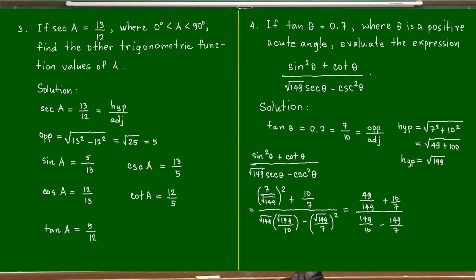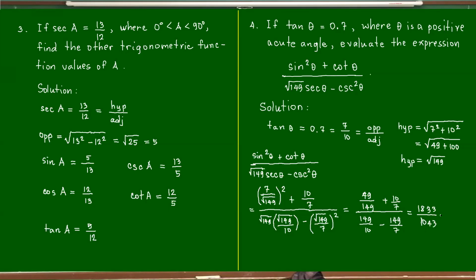So the numerator is equal to 1,833 over 1043. I use a calculator.